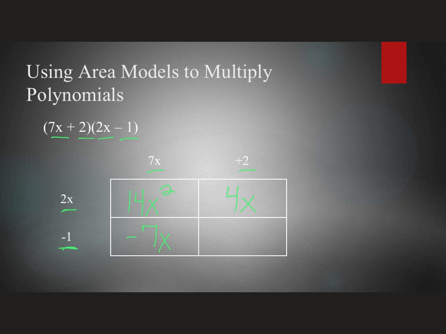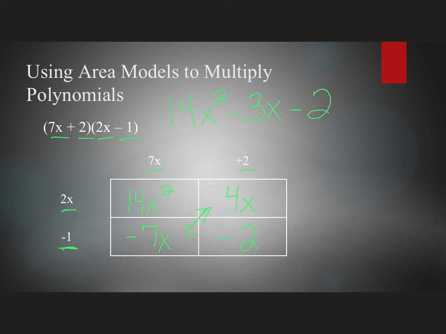Negative 1 times 2 gives me negative 2. So now when I combine these, remember these two terms are going to combine, right? So I have negative 7x and a positive 4x, which will leave me with a negative 3x. So I have 14x squared minus 3x minus 2.